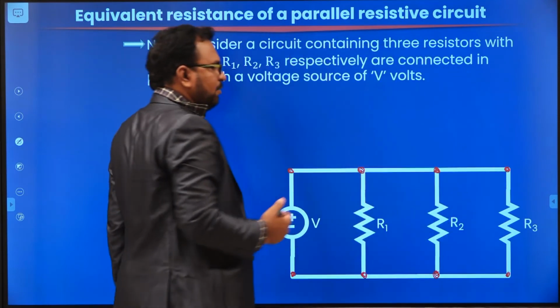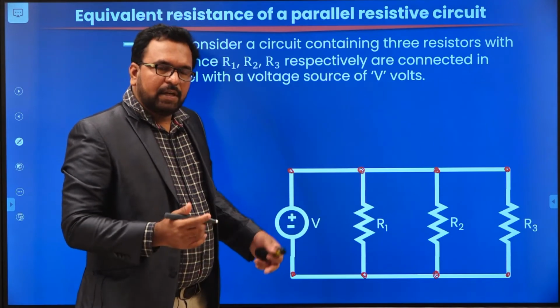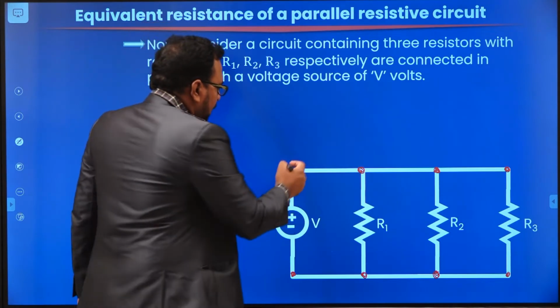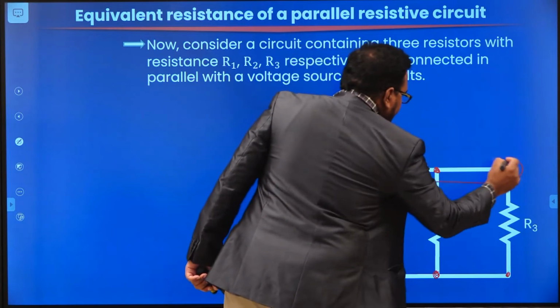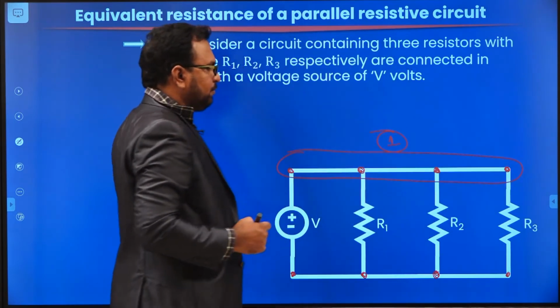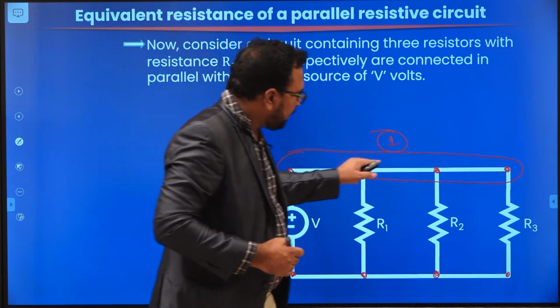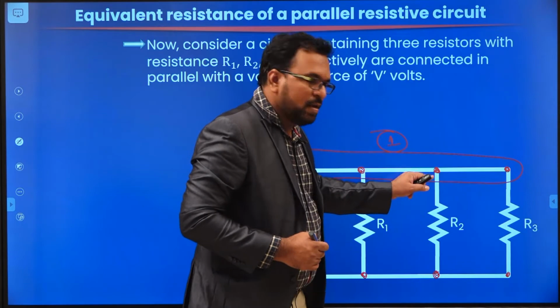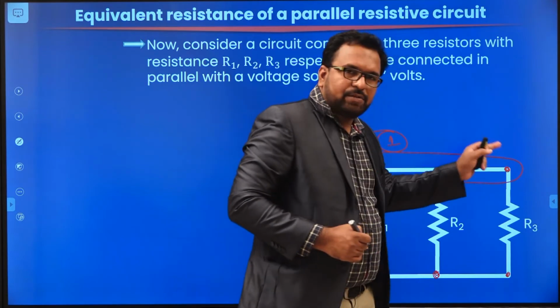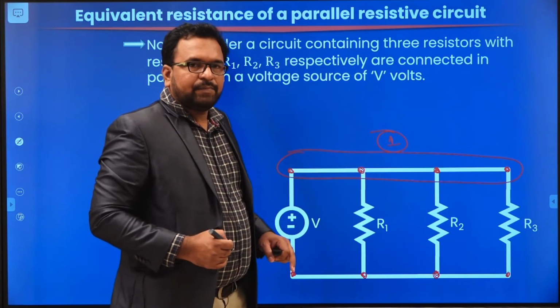If you see the diagram, there are 8 nodes involved, but actually there are only 2 nodes. All these 4 nodes are nothing but a single node. You know that. It is a single node because there is no element in between these nodes. Similarly, there is no element in between these nodes and there is no element in between these nodes. That means this is a big node which is equivalent to a single node.